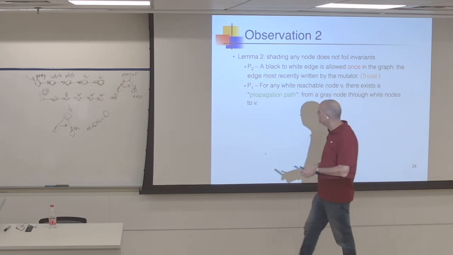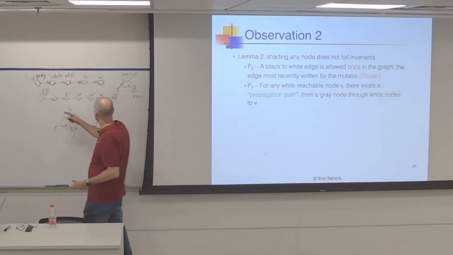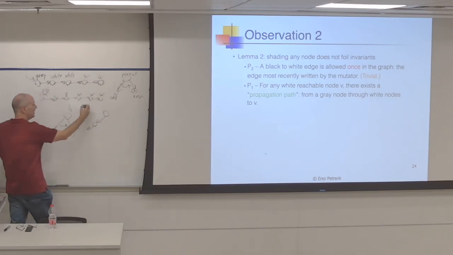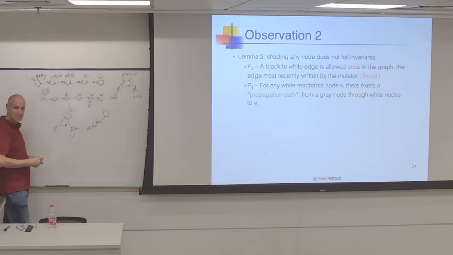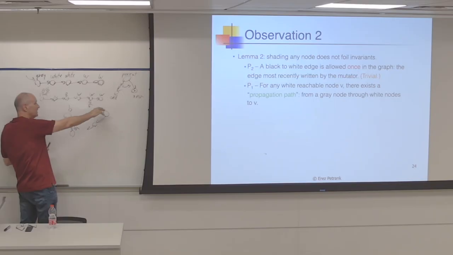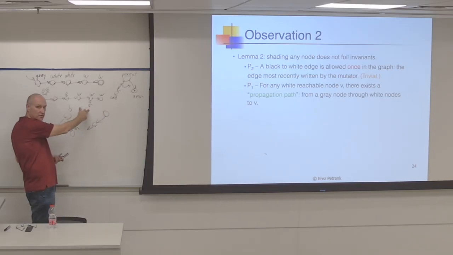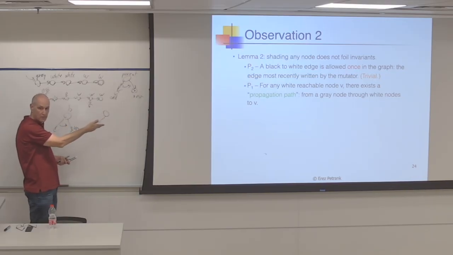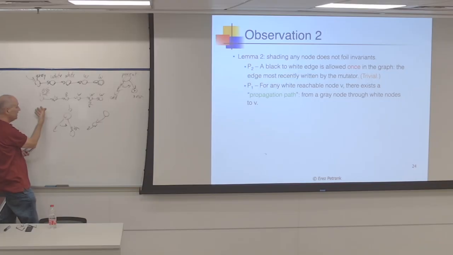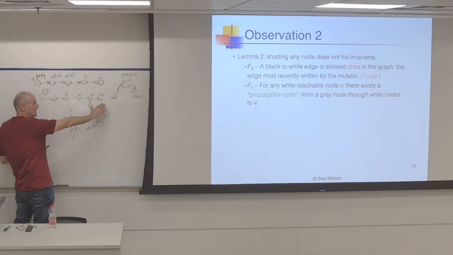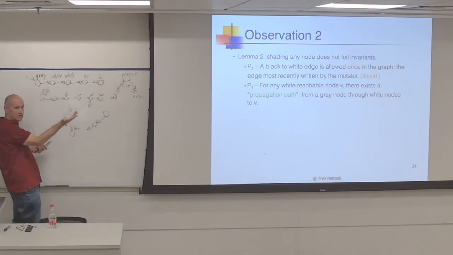Now P1, maybe there was this propagation path and now I gray this. So in my propagation path, something was shaded from white to gray, but that doesn't kill the propagation path, it just makes it shorter. So if I shade anything outside this propagation path, it doesn't matter.